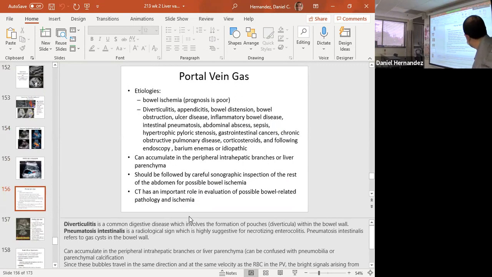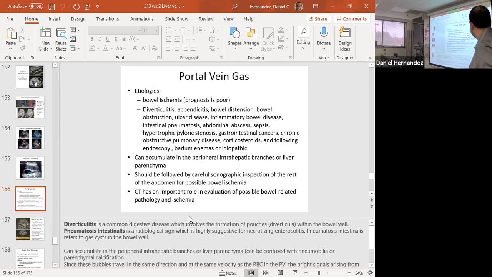You can also have portal vein gas. Etiologies could be bowel ischemia, things like diverticulitis, appendicitis, bowel distension, bowel obstruction, inflammatory bowel disease, interstitial pneumatosis, abdominal abscess, sepsis, hypertrophic pyloric stenosis, gastrointestinal cancers.